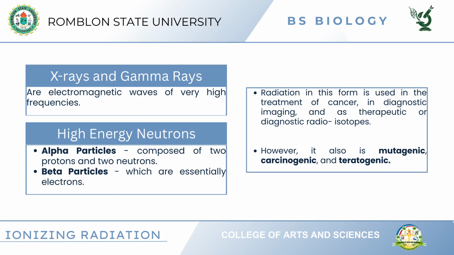So, radiation in this form is used in the treatment of cancer, in diagnostic imaging, and as therapeutic or diagnostic radioisotopes. However, it is also mutagenic, carcinogenic, and teratogenic. So even though ionizing radiation is helpful in medical practice, these applications constitute a two-edged sword.